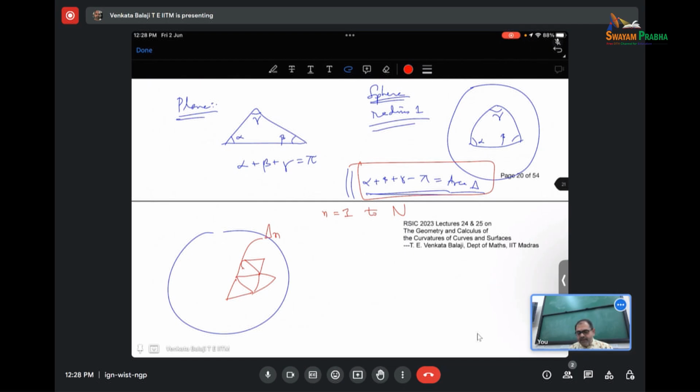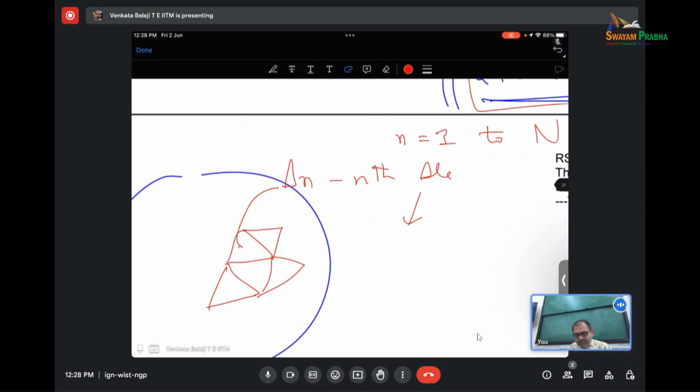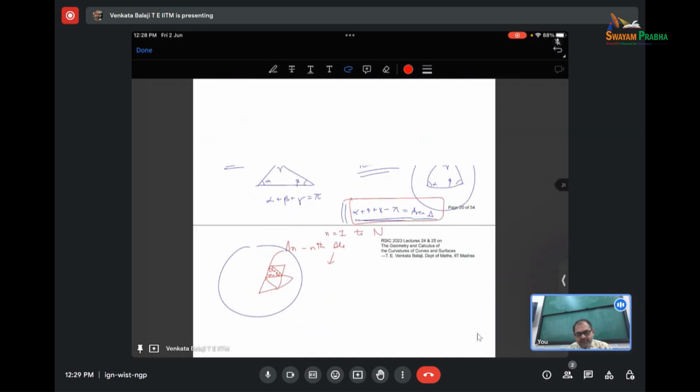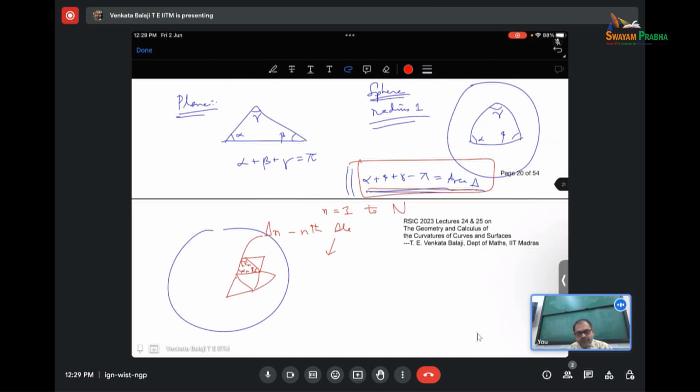This nth triangle has interior angles, so I will call them alpha n, beta n, gamma n. For that triangle, you have this formula: alpha n plus beta n plus gamma n minus pi is the area of delta n. Right? You have this.